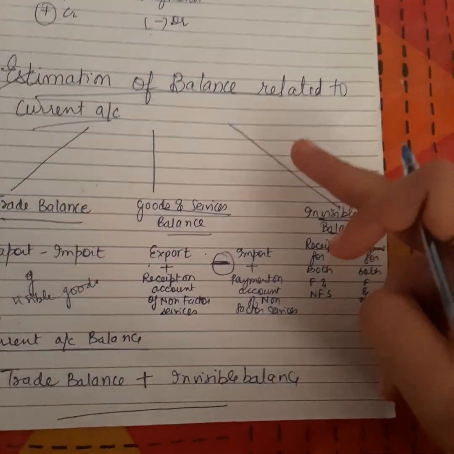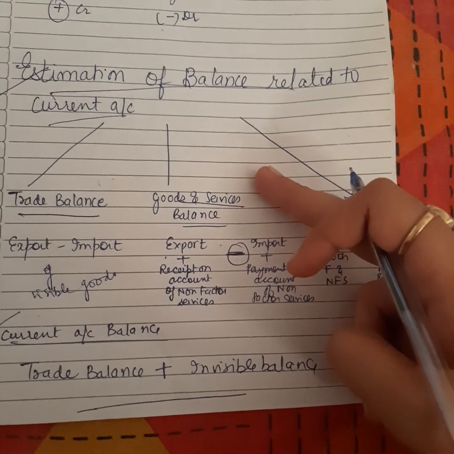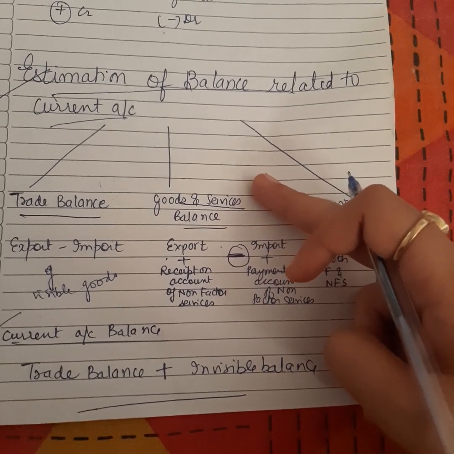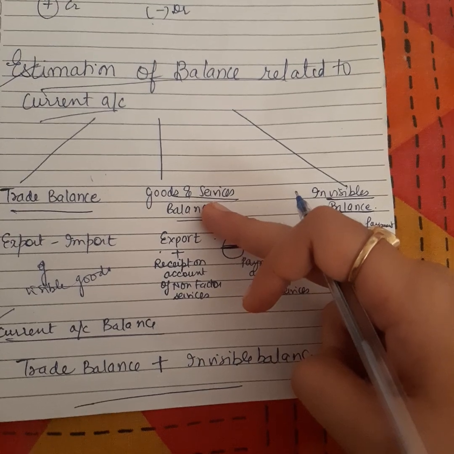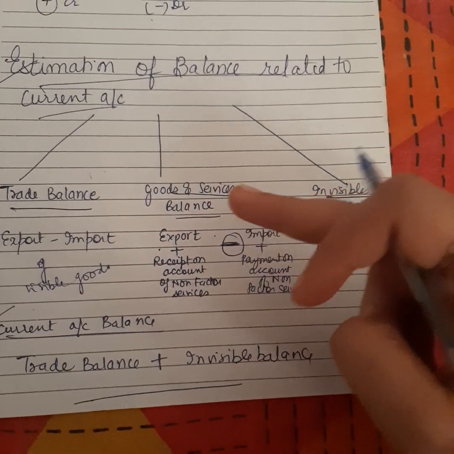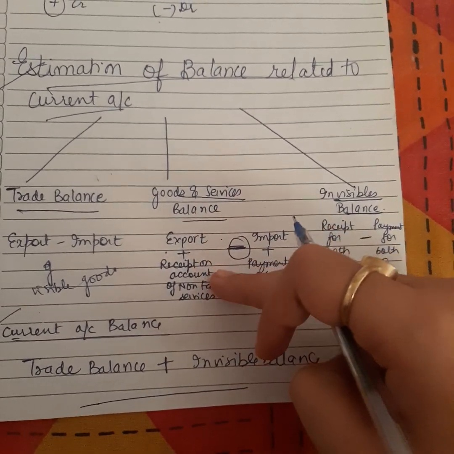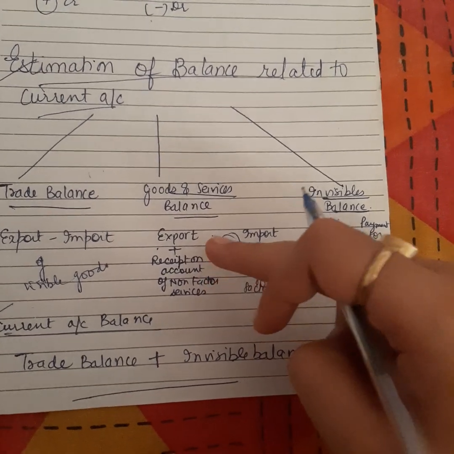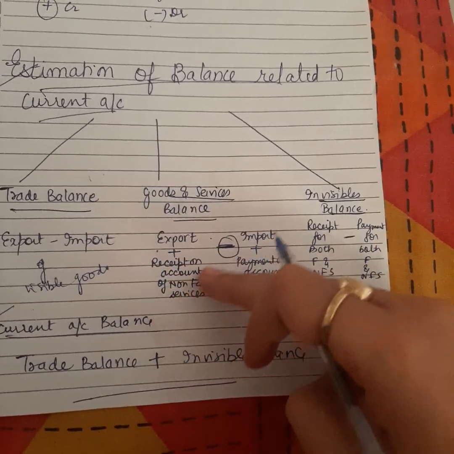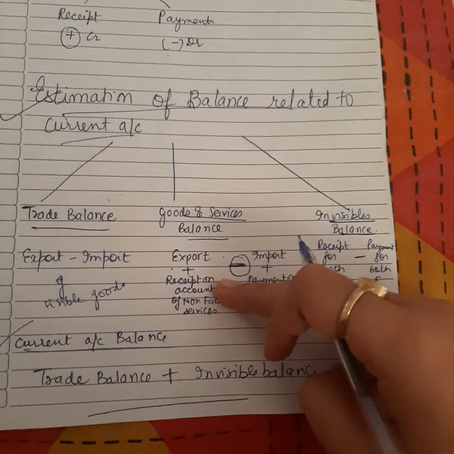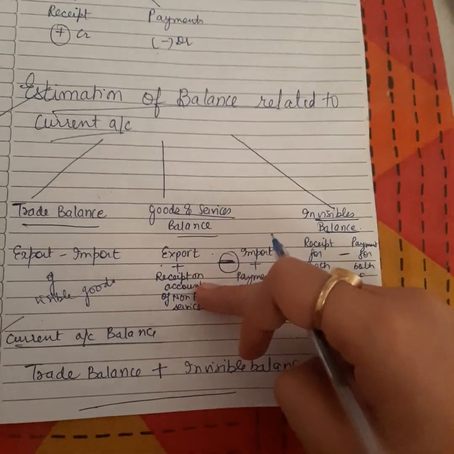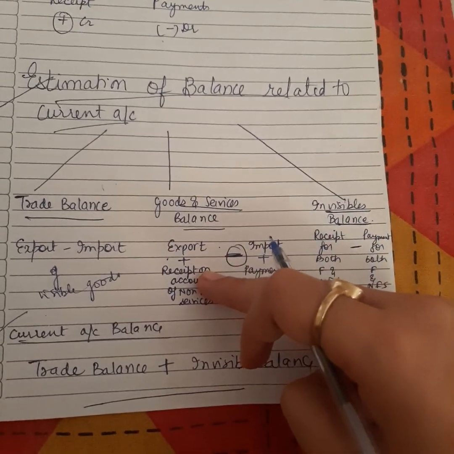Next, goods and services balance. How do you calculate goods and services balance? Export of visible goods plus receipt on account of non-factor services. Only non-factor services you have to add. You're going to ignore the receipt on account of factor services.